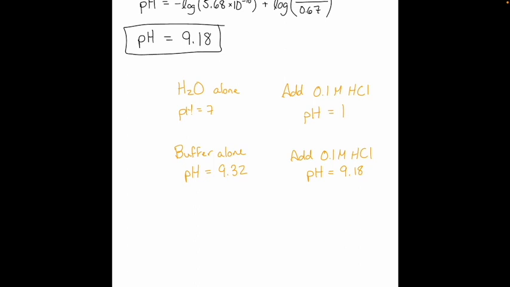Right, so we're adding the same amount of acid in both of these cases. If we add it to water, we get a pH drop of 6 pH units. If we add it to this buffer solution, what are we at? 0.14 or something like that, right? Dramatic difference in how much that pH drops. It still drops because you're adding strong acid, but way less than it would otherwise.